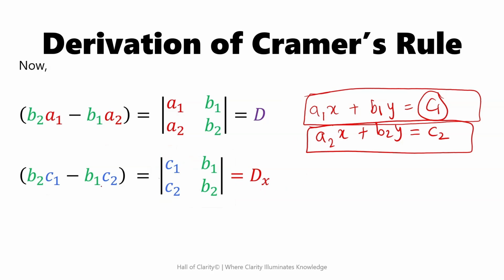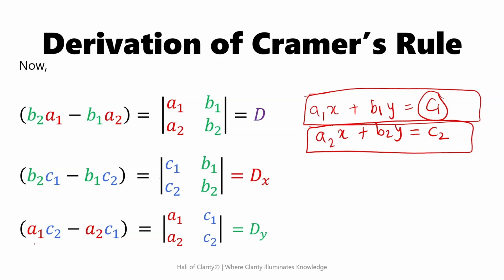Now using a similar technique, we will write the determinant form of the next simplified term. So this is the simplified term a1c2 minus a2c1. Now this is the numerator of the value of y that we found in equation number 4. Now we have to convert this into the form of a determinant. So how to convert it?